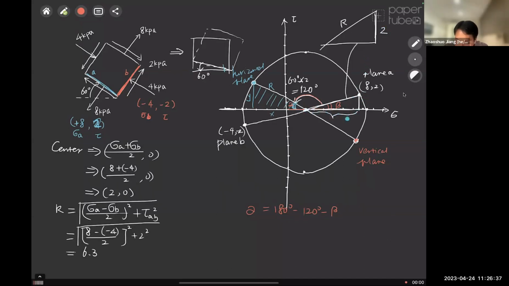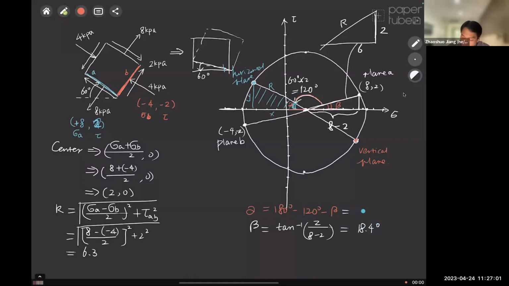This distance here is A minus the center, which is 2. So we have 6 here. That means beta is equal to inverse tangent of 2 over A minus 2, which is 6. That gives us 80.4 degrees.